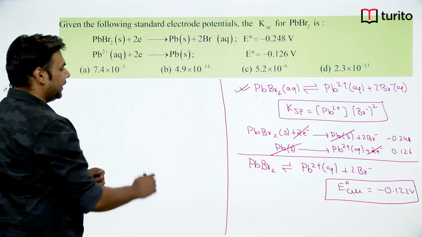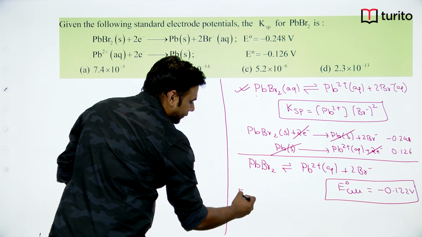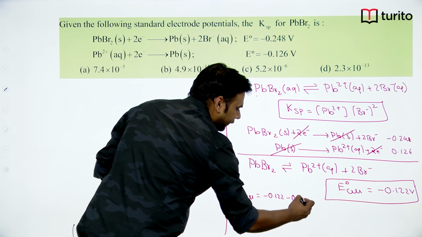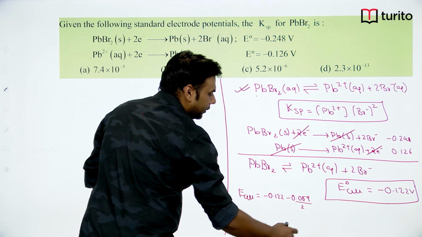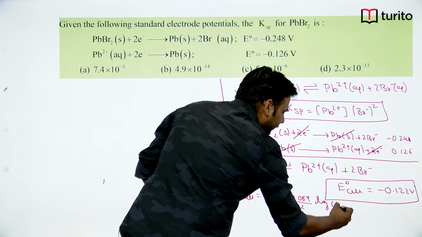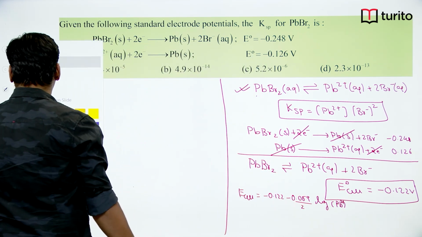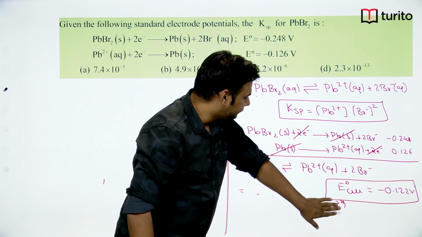Now we'll write the E cell. So E cell is equal to E0 cell, which is minus 0.122, minus 0.059 upon 2 times log of the concentration of Pb2+ into Br- whole square. I will write it over here, I think it's not visible to you.